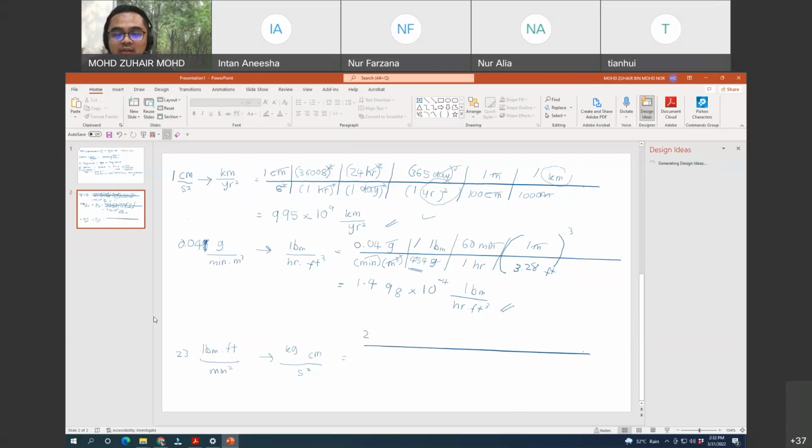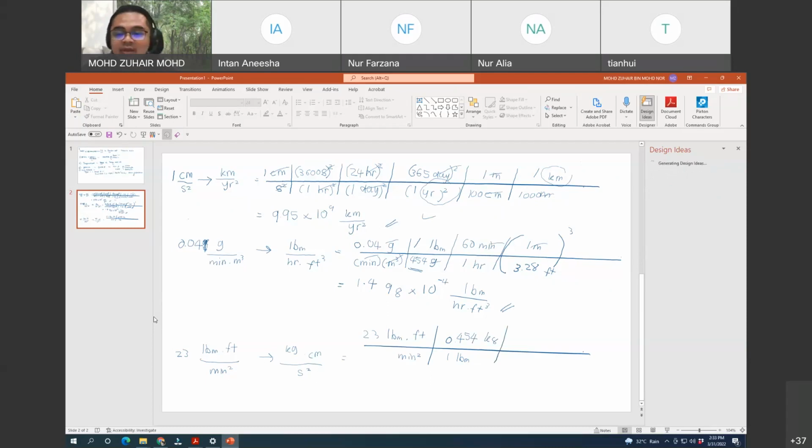Start with 23, and then we convert first. Which one do we want to convert first? Maybe we convert the 1 pound first, directly to kg: 0.453593. Like this one, I just want to simplify.